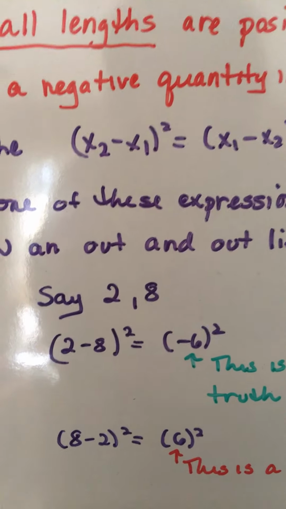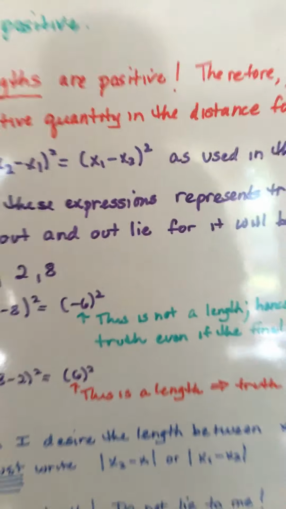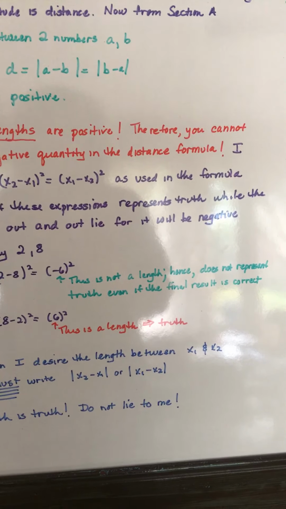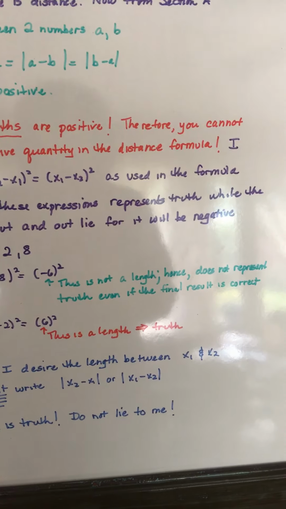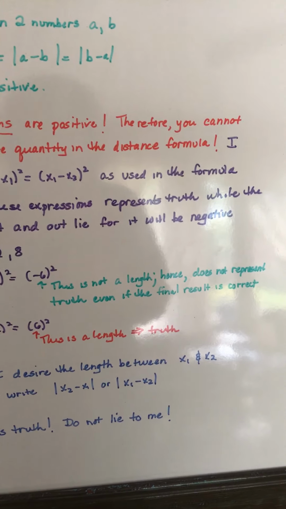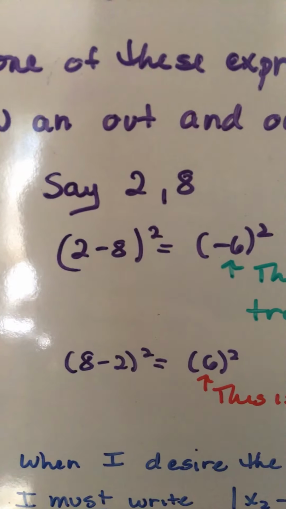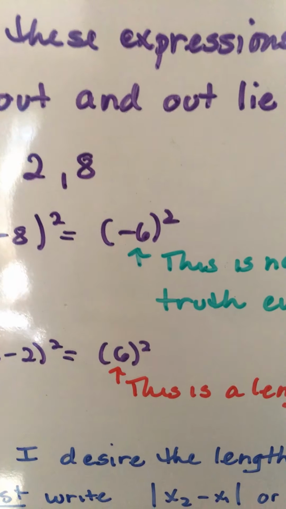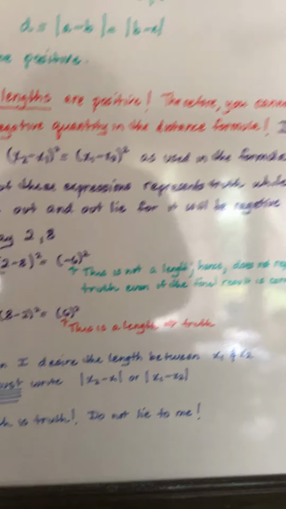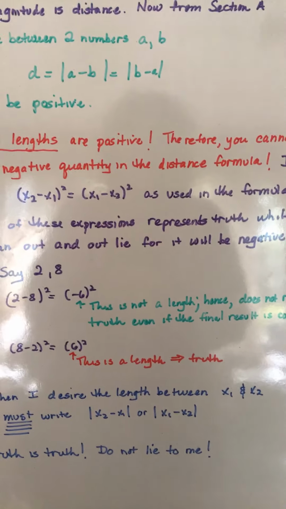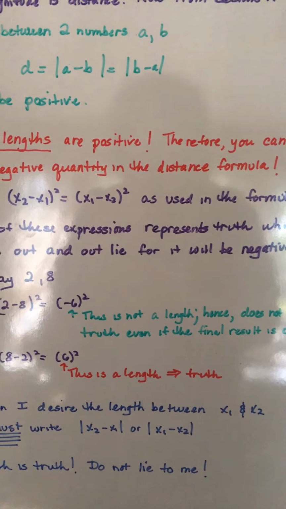So, for example, 2 minus 8 is negative 6. Is that really a length? No, it's not a length because it's negative, and so it doesn't represent truth, even though the final answer, 36, will turn out to be a fair-haired child. 8 minus 2, on the other hand, is positive, and this represents a length and hence truth. Now we know mathematically when I square, it doesn't matter whether you're negative or positive.